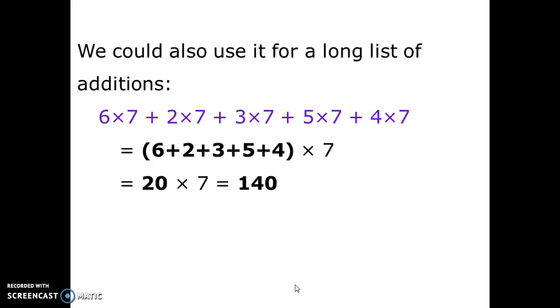You can also use the distributive law when you've got a long list of additions that involve the same kind of multiplication. So you can see the 7 is in every one of these terms here. So I end up with the 6, the 2, the 3, the 5, and the 4, all adding and then multiplying by 7. So that would be 20 times 7, which is 140.